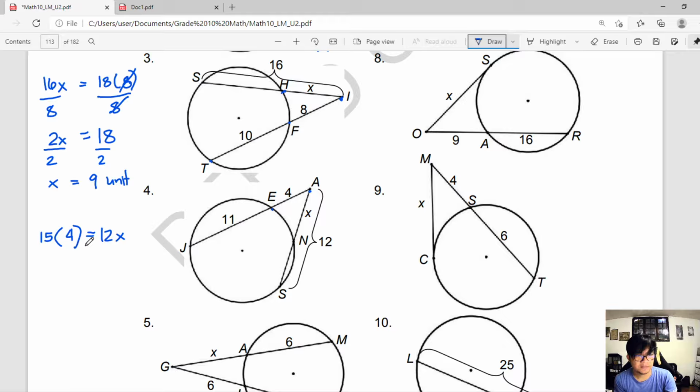We can divide both sides by 12. Let's multiply first.